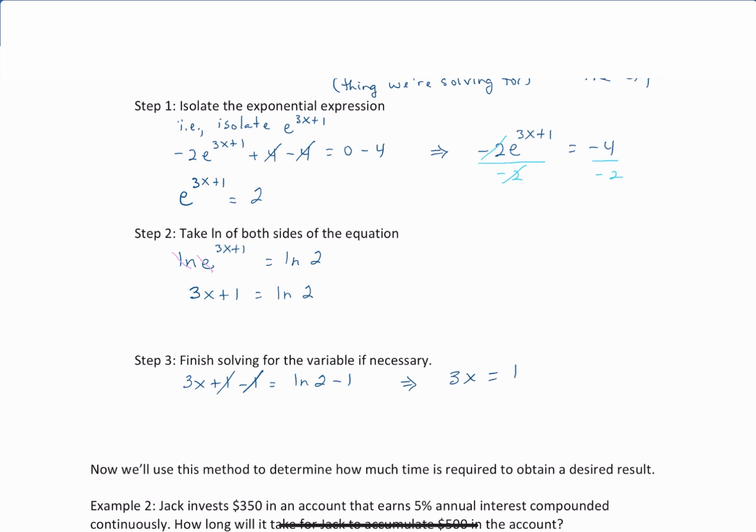Now, I would really prefer to write this as minus 1 plus the ln of 2. Because when you write ln of 2 minus 1, it's not totally clear what that means. It's easy to think that maybe you're doing 2 minus 1 and then taking the ln. Now, that's not actually what it means.